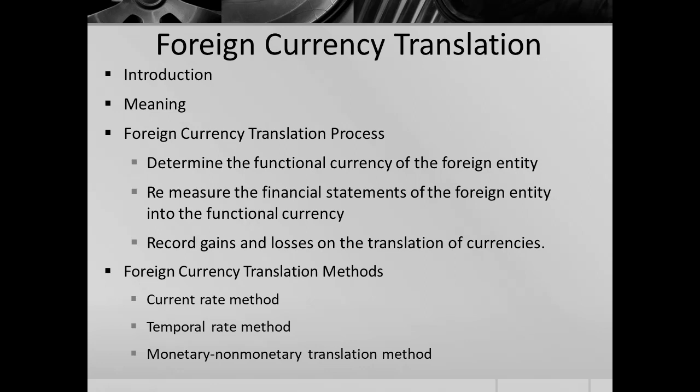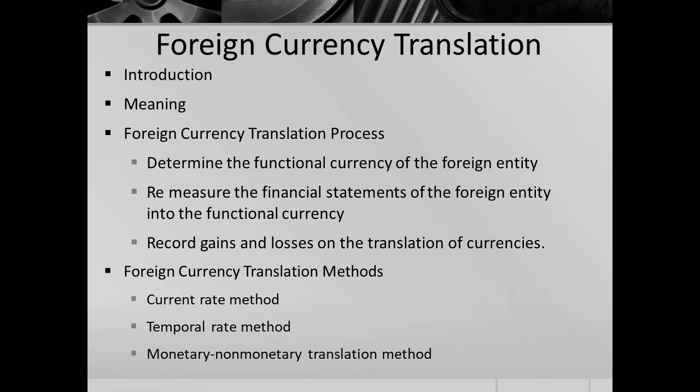Exchange rates are constantly fluctuating, so it can cause difficulty while accounting for foreign currency translation instead of simply using the current exchange rate. A business may look at different rates, either for a specific period or a specific date. And the current rate method means that using this method of translation, most items of the financial statements are translated at the current exchange rate.